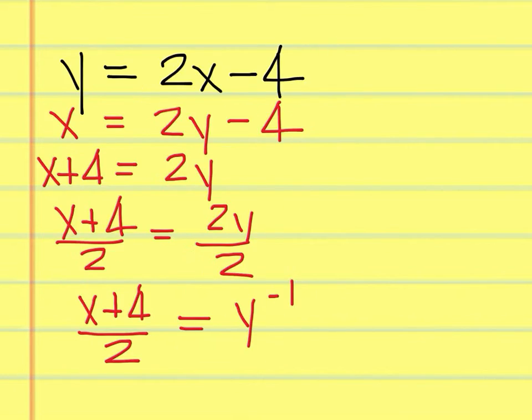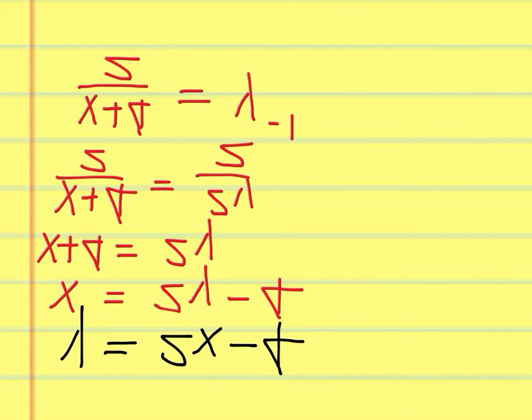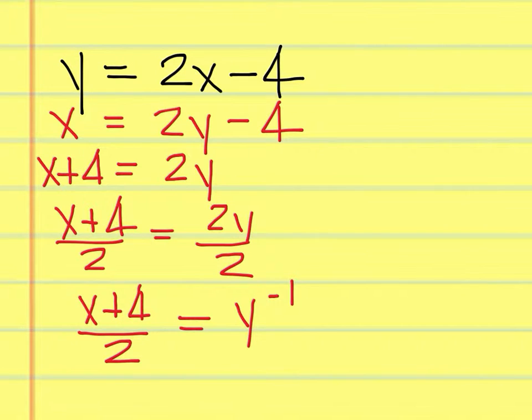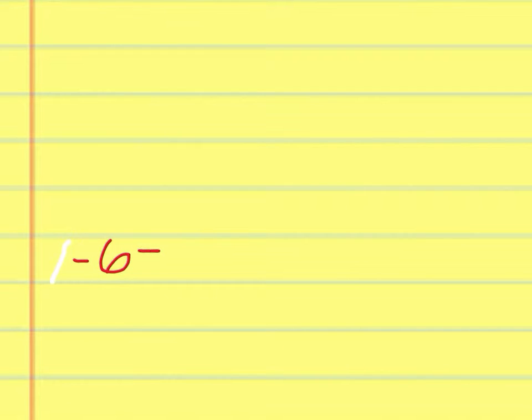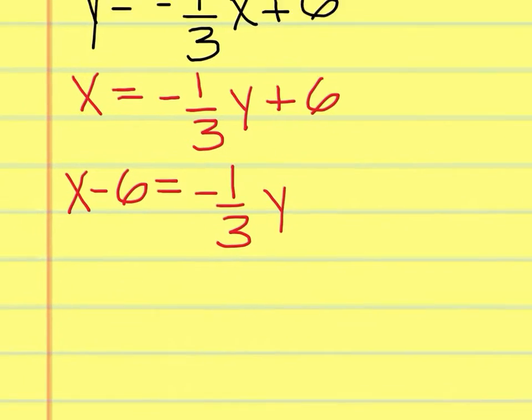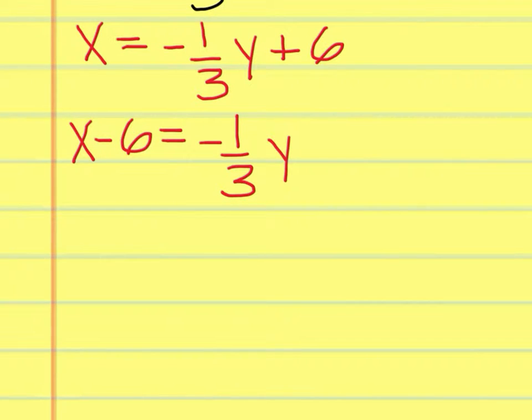Let's find the inverse of y equals a negative 1/3 x plus 6. Switch the x and the y. And then begin to isolate the y. Move the plus 6 to the left, change the sign. And now we have to get rid of the fraction of a negative 1/3.